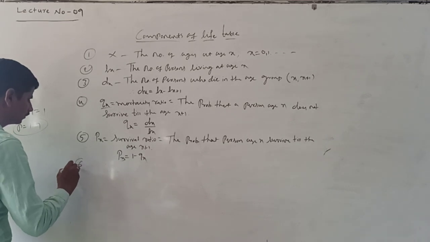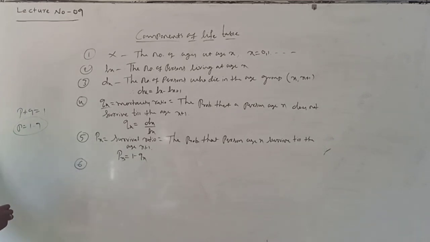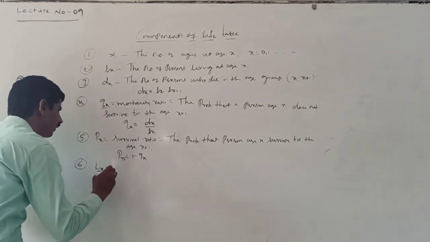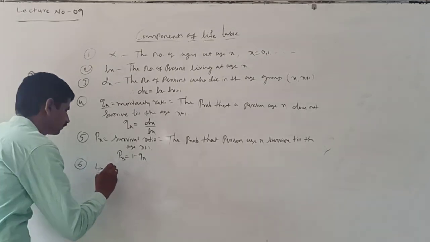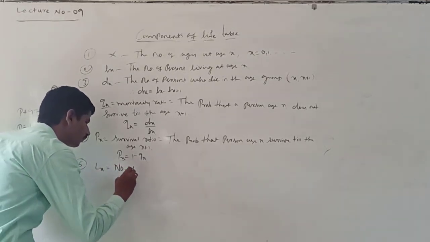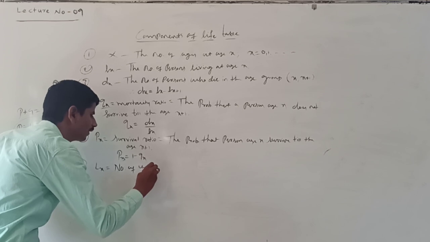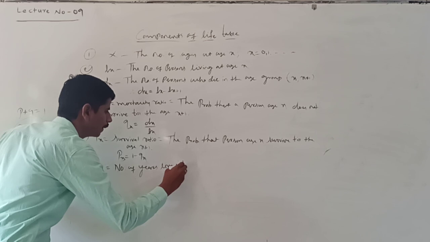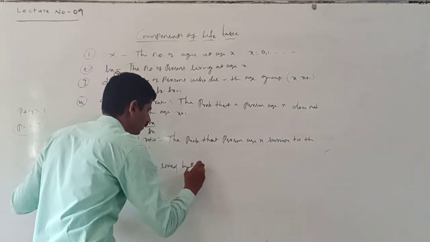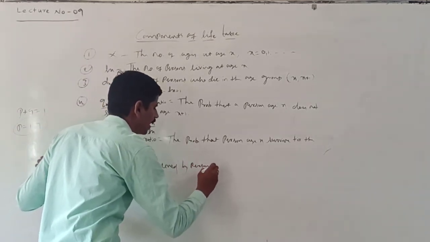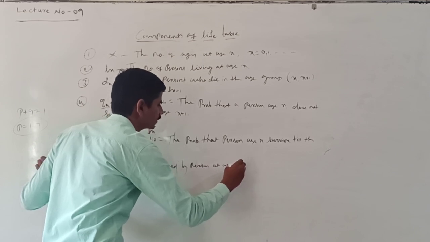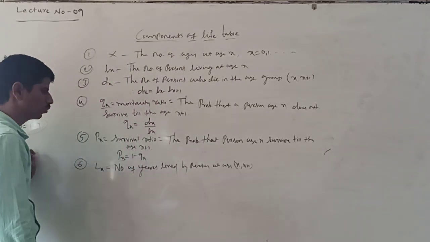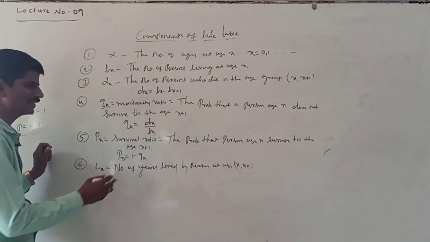In sixth one, capital Lx, the number of years lived by persons at age x to x plus 1.